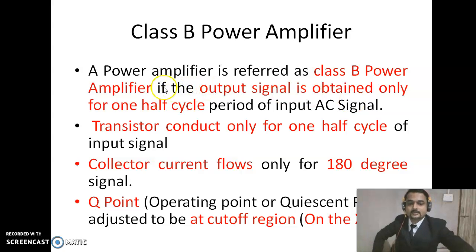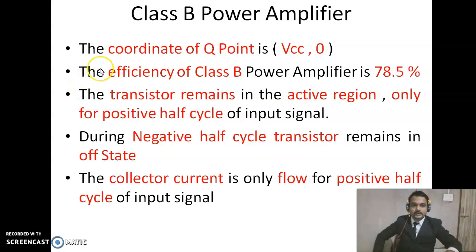So in the Class B power amplifier, the Q point lies on the x-axis, so the coordinates are VCC, 0.